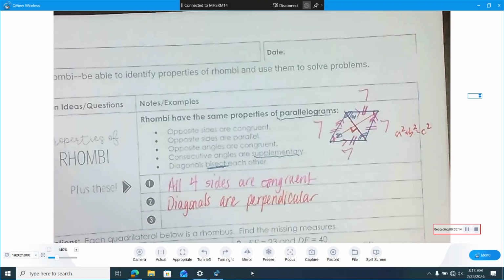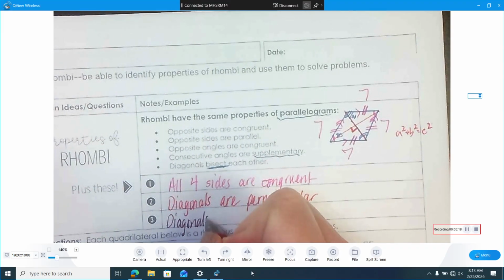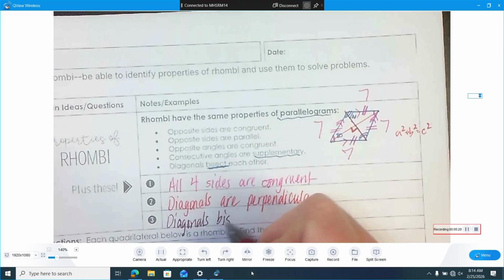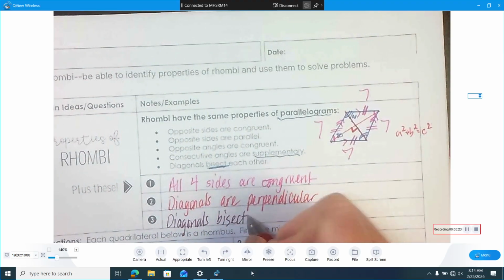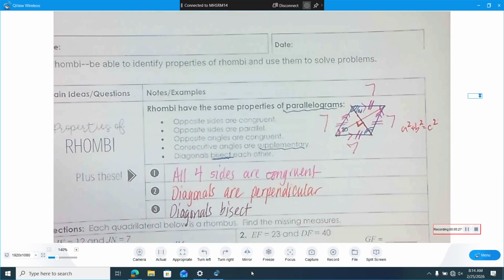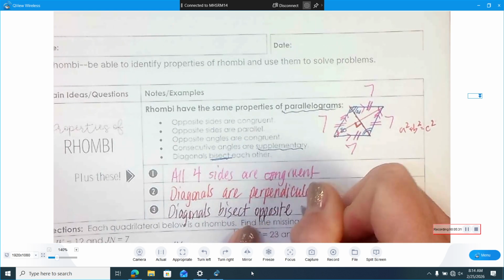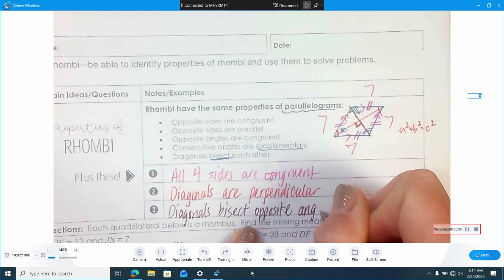Also, diagonals bisect. What does that mean, bisect? Cut it in half, yep, two equal parts. So diagonals bisect opposite angles. Now that's a really interesting one.